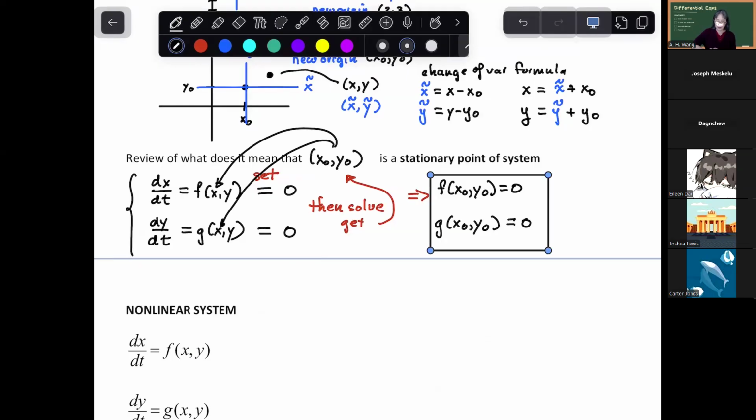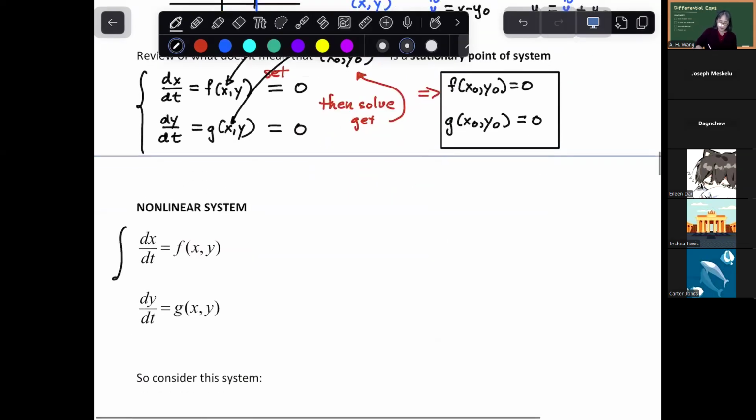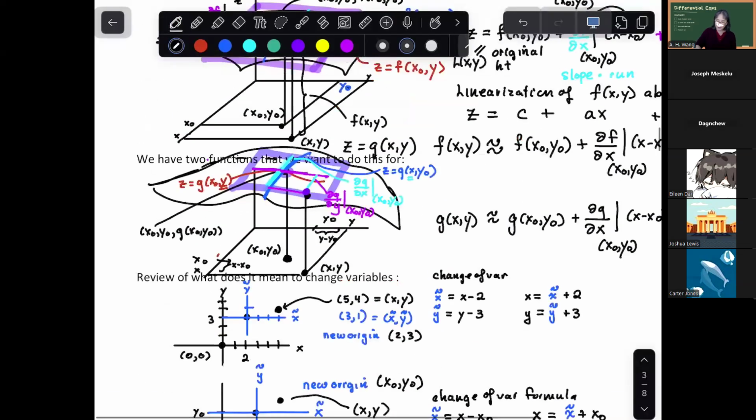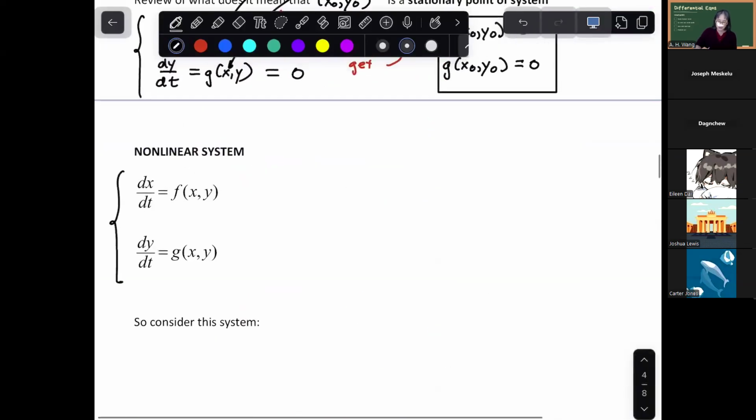Let's put it all together. So we have this. This is our system. That's nonlinear. It's the f and the g that look like this, and that's dx dt, and that's dy dt. So what we're going to do is approximate this hard thing by the easy thing.